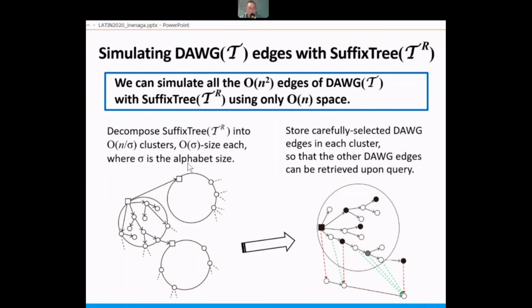If we have the suffix tree for a backward trie, then these big circles are each cluster. For each cluster, we store carefully selected DAWG edges so that the other DAWG edges can be retrieved upon query. This part is quite technical and there's no time for me to explain it, but if you are interested, please check the proceedings. There's also an arXiv paper which contains a lot of informative pictures, so maybe it's better to see the arXiv version.